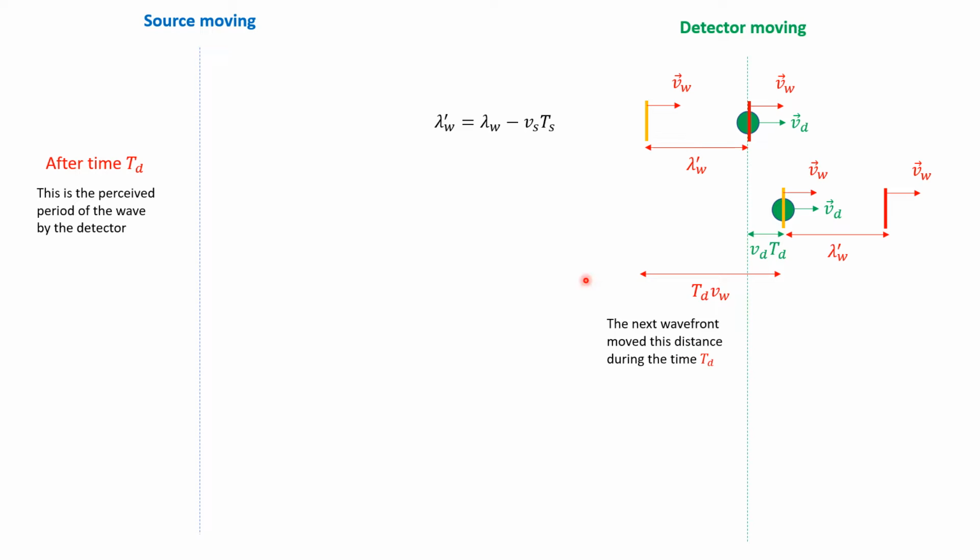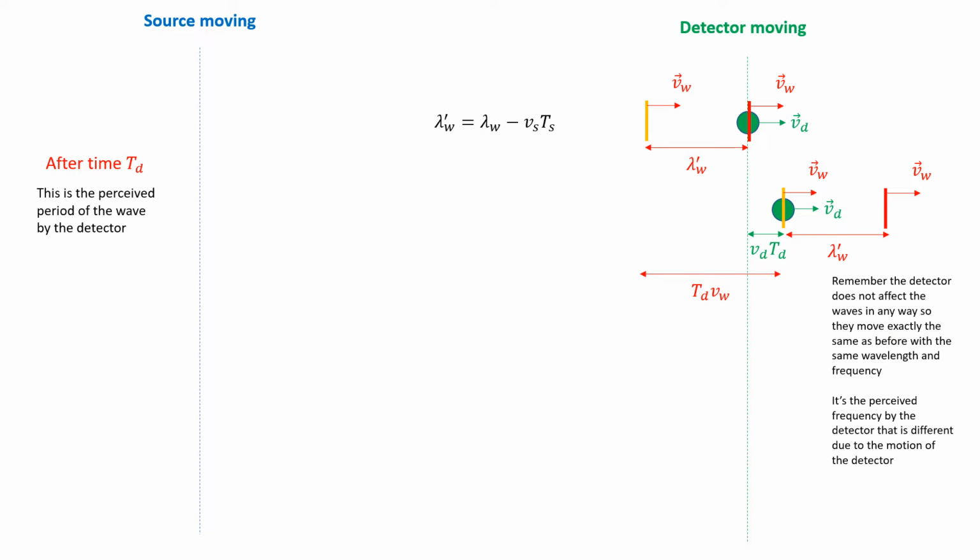So what is the total distance that the second wavefront moves during that time? It's the distance between here and here, right? The second wavefront is moving with the speed vw, and it moved for a time td, so the distance is the speed times the time. We can then find a relationship between this distance and this distance, and that will give us, in the end, a relationship between the perceived frequencies.